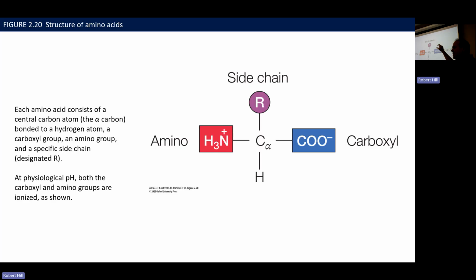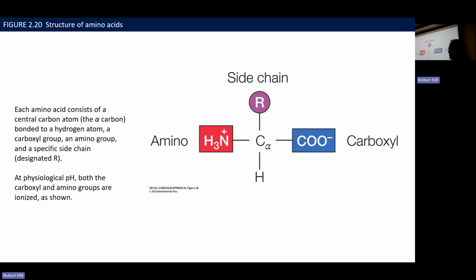And it has an amino group, which contains nitrogen, on the other side. It's positively charged. And we call that the amino terminus or amino end. All amino acids, all 20 of them, have this structure, but where the 20 are different is in that side chain. That's what dictates what amino acid it is, what group it goes into, if it's polar or nonpolar.